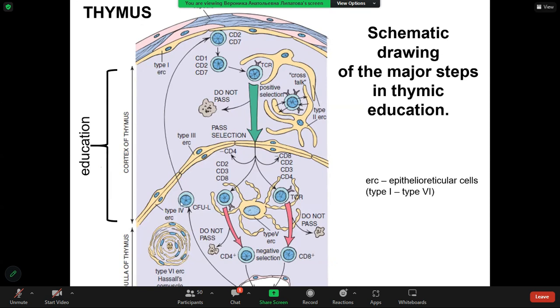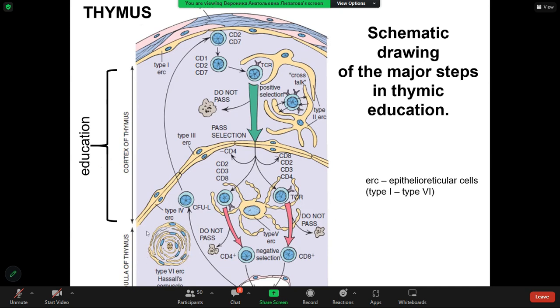After this, the cells migrate, transported into medulla, and in medulla we can see different types of epithelial reticular cells. You see, this is number 5.